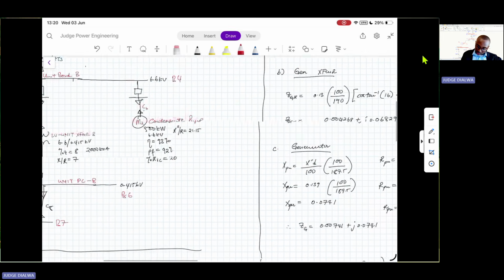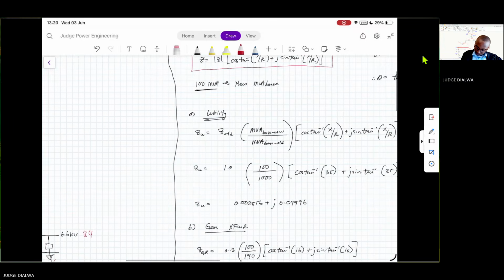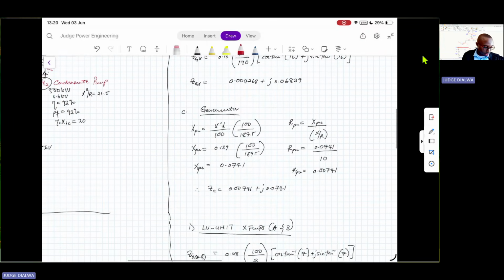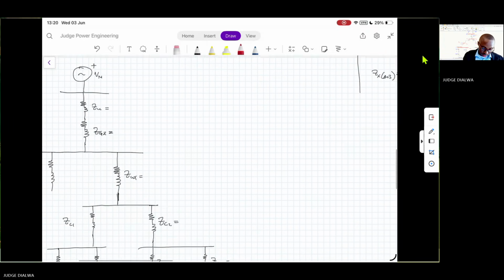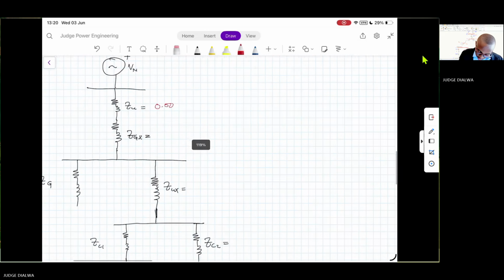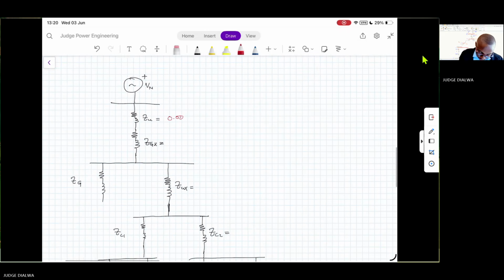So for our unit utility, we have 0.002856 plus J 0.09996.